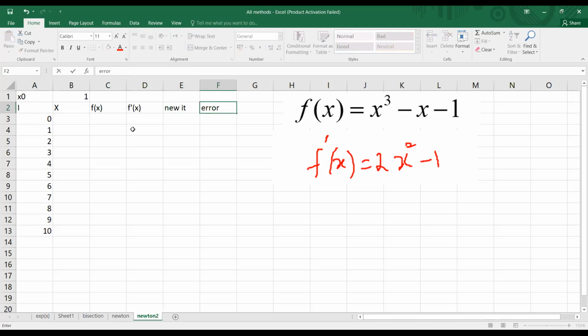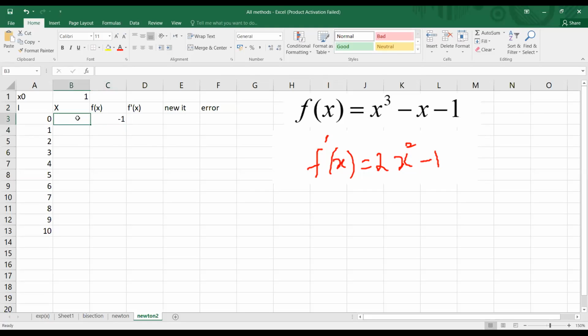How is f(x) computed? f(x) is a function in which we have to implement x cube minus x minus 1. This is the value of x. So x cube minus x minus 1. This is the formula.